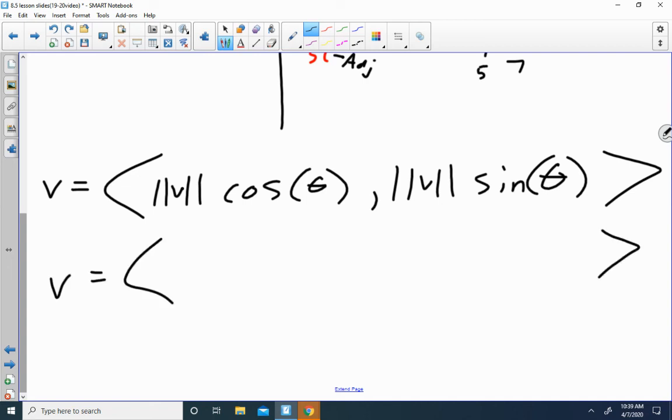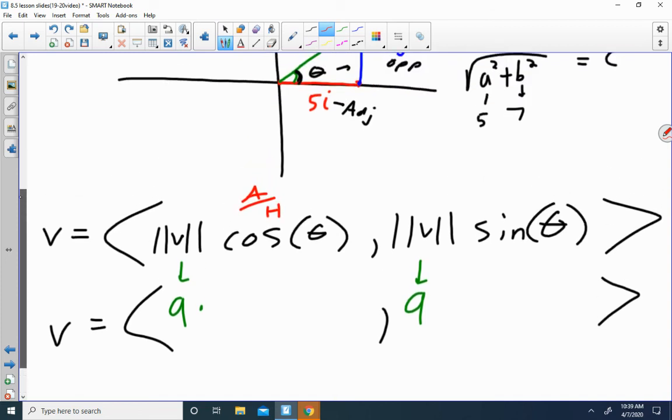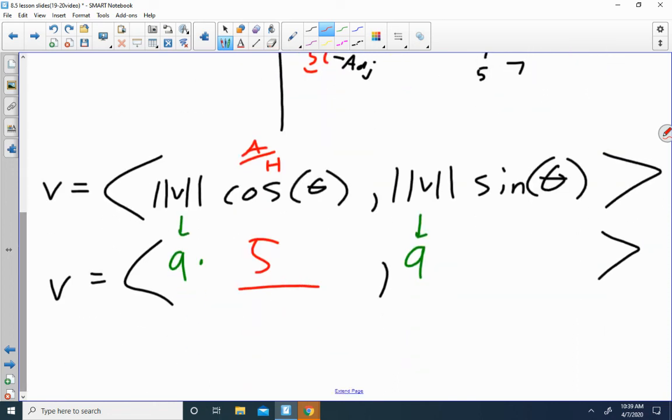We already know that the magnitude is 9. First, we're going to multiply 9 by cosine, which is adjacent over hypotenuse. Adjacent is 5. The hypotenuse is root 74.